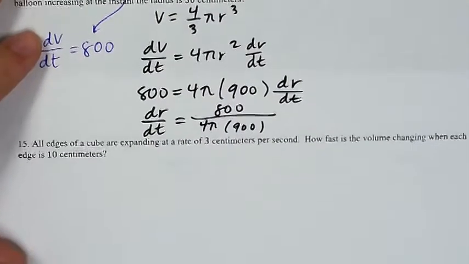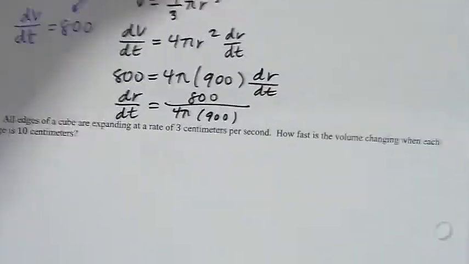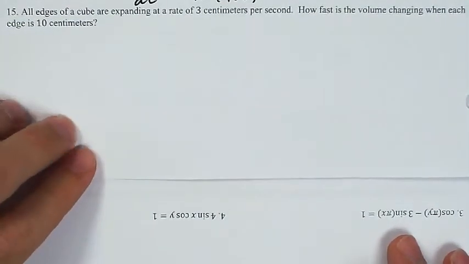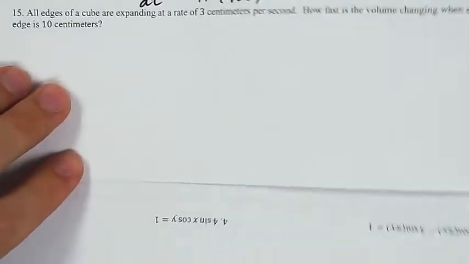Okay. Next one is a cube situation. The edges of a cube are expanding at a rate of 3 centimeters per second. How fast is the volume changing when each edge is 10 centimeters?